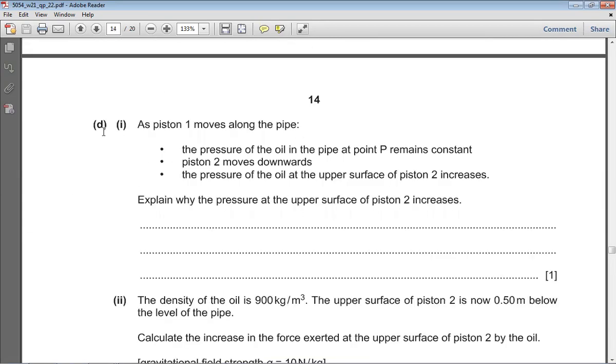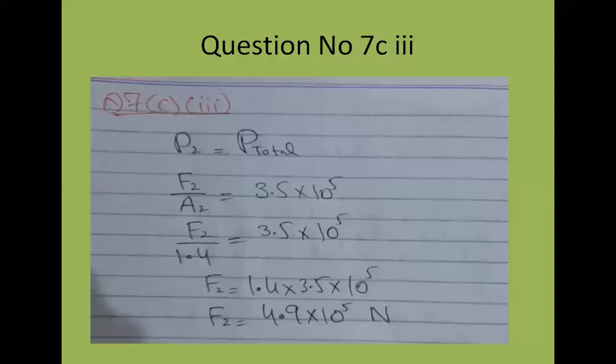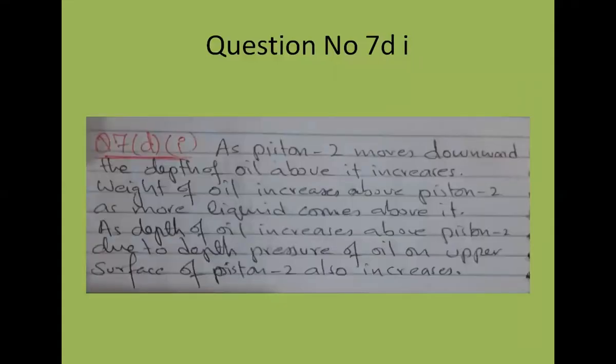Where is that question? The question was, explain why the pressure at the upper surface of the piston 2 increases. Hopefully you understand. Let me show you my written answer. So, as the piston 2 moves downward, the depth of the oil above it increases. Weight of the oil increases above the piston number 2 as more liquid comes above it.